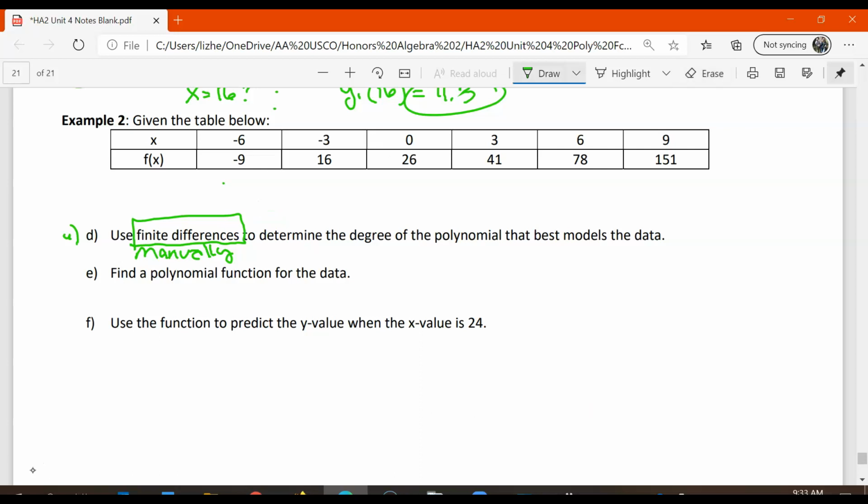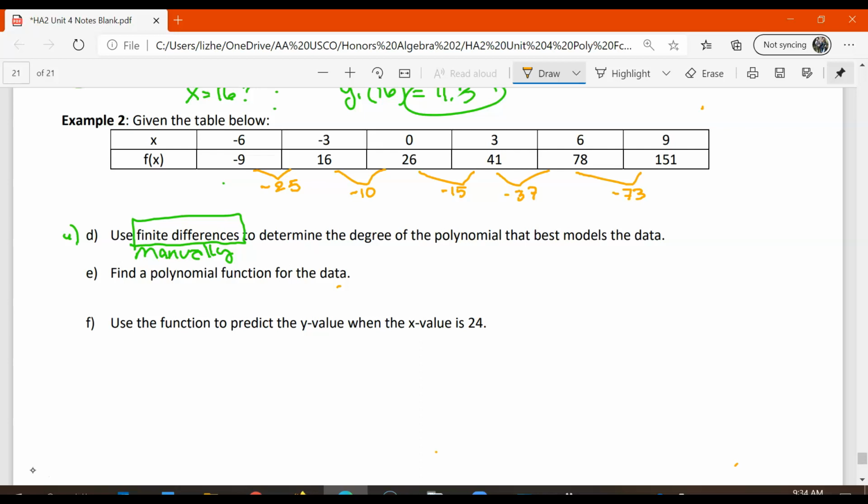And now we're going to go ahead and do our finite differences. And so we take -9 minus 16, and we have -25. 16 minus 26 is a -10. 26 minus 41 is a -15. 41 minus 78 is a -37. 78 minus 151 is a -73.